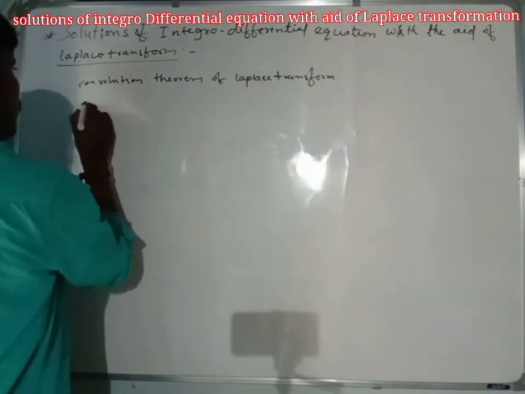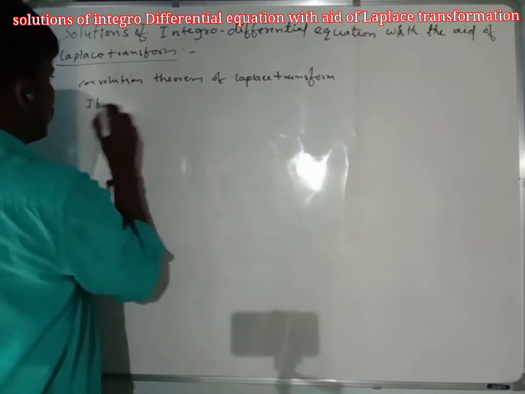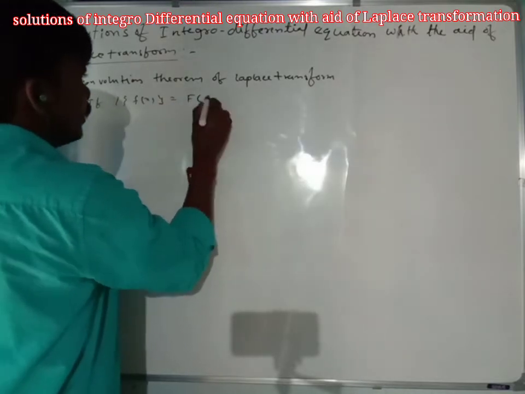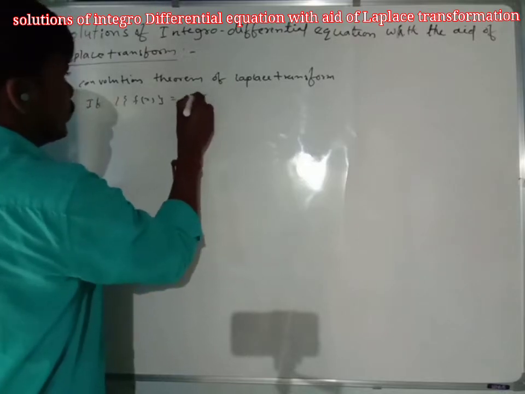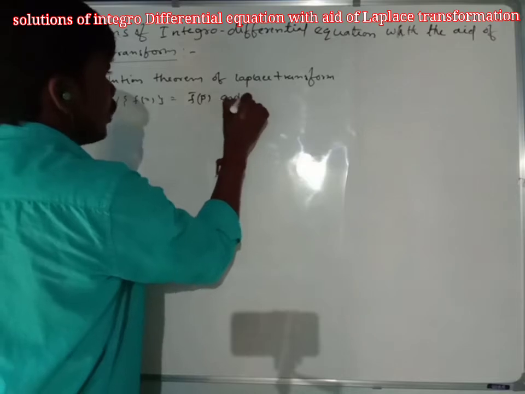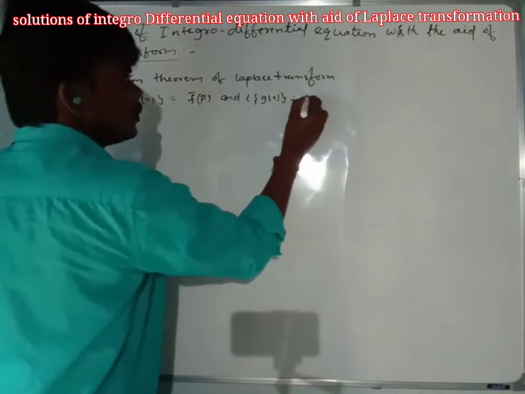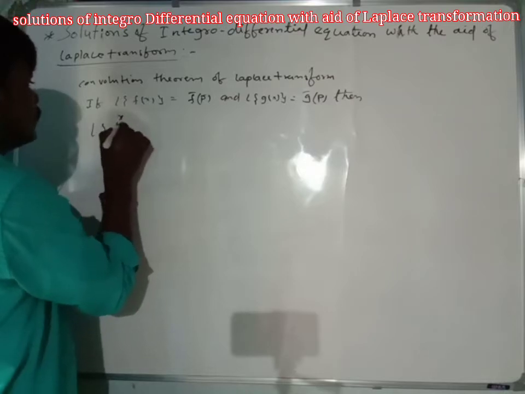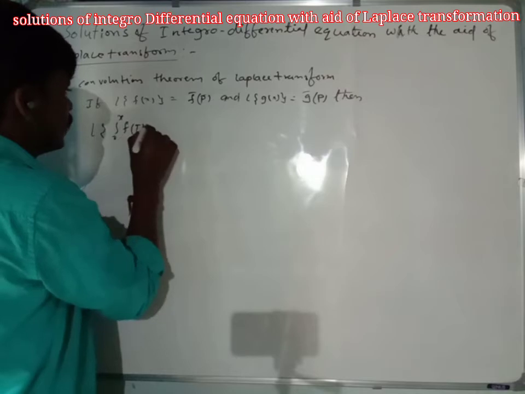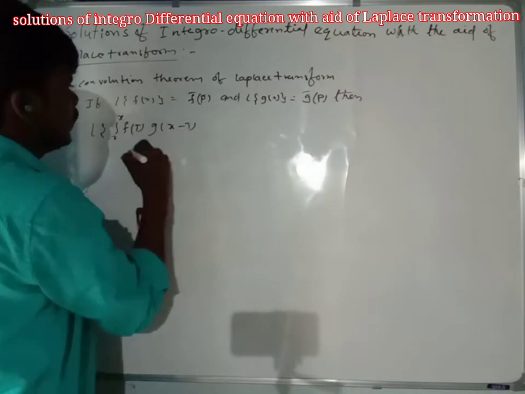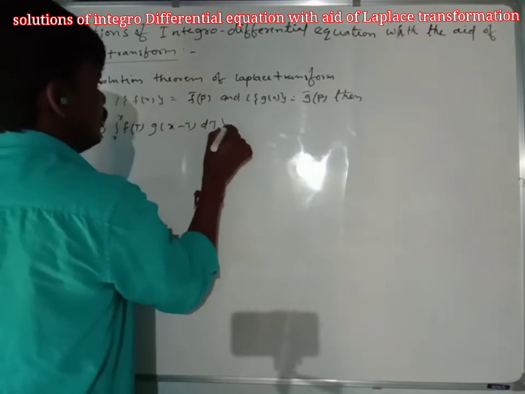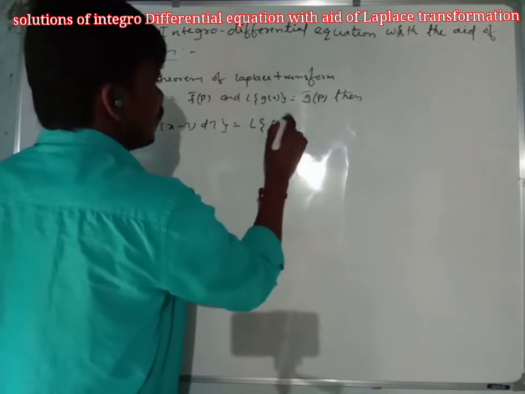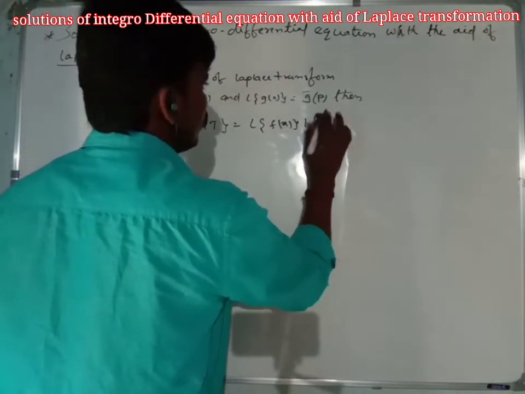That is, if Laplace transform of f of x equal to capital F of p, or f bar of p, and Laplace transform of g of x equal to g bar of p, then Laplace transform of integration 0 to x f of T g of x minus T dT equals Laplace transform of f of x into Laplace transform of g of x.